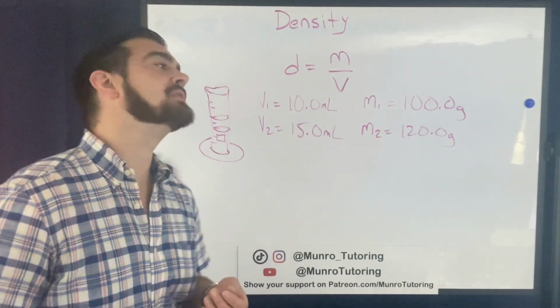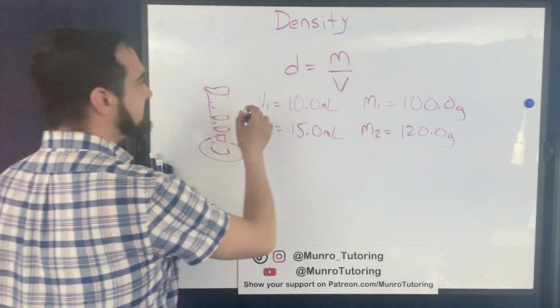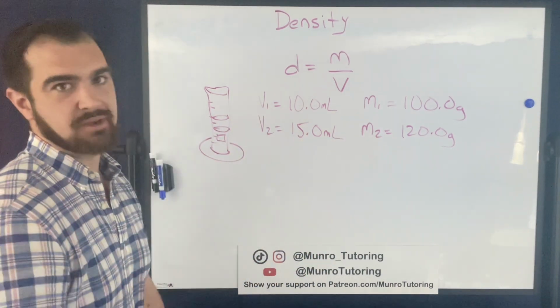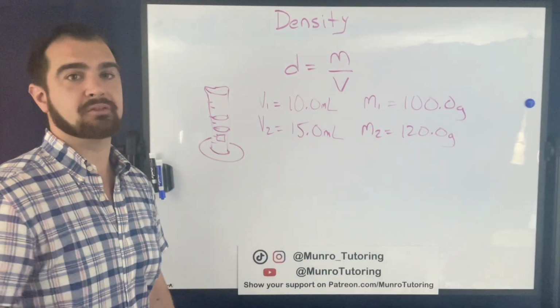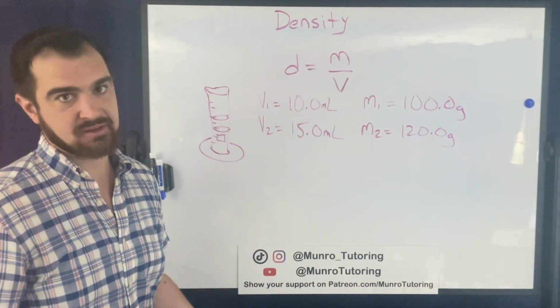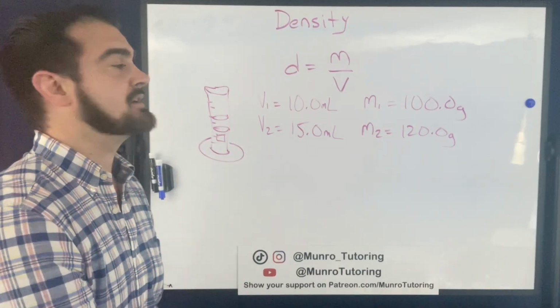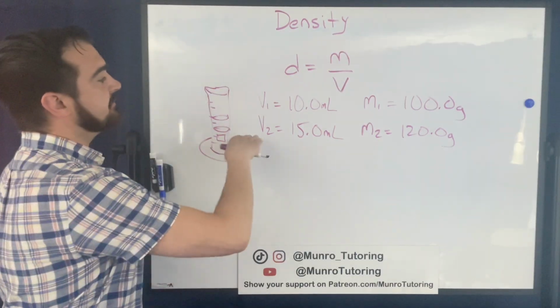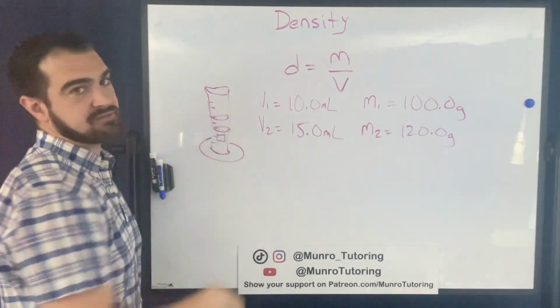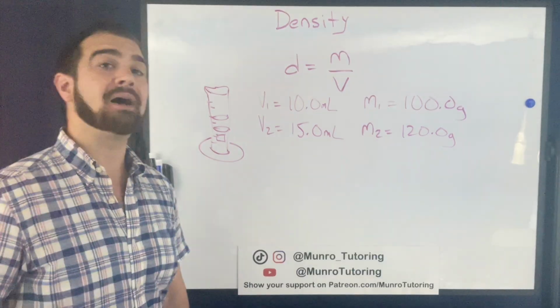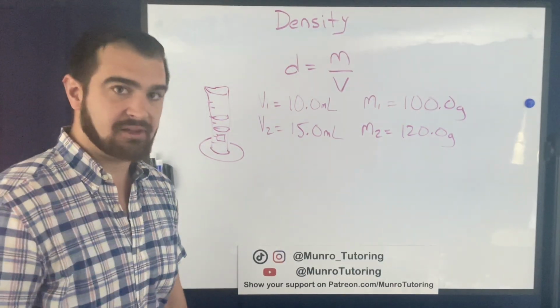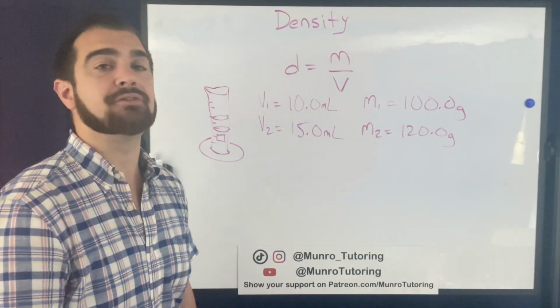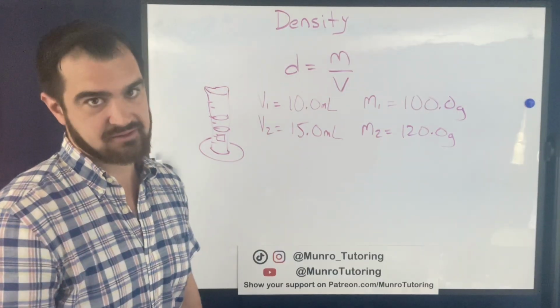I said that this first volume was how much water we had. So that's just the water. We don't care about the volume of water. We want to know the volume of the thing. Once I dropped the chunk of metal in there, the volume went up to 15 milliliters. So by displacement, clearly the object itself occupied 5 milliliters.